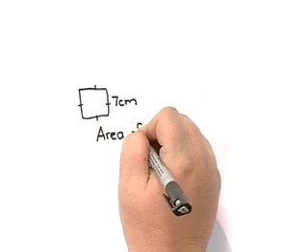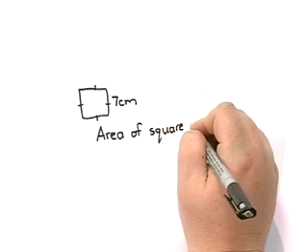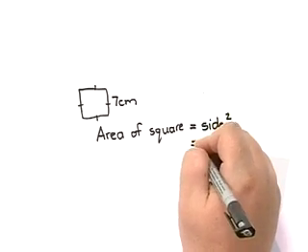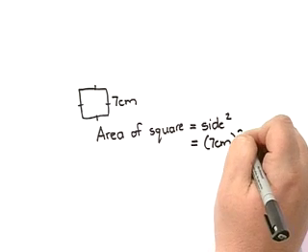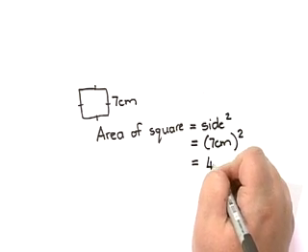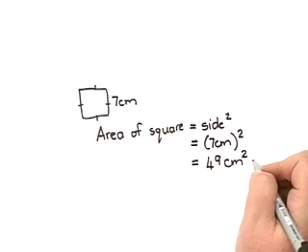Area of a square is equal to side squared. Now what's the side? The side is 7 centimeters, and we need to square that. And 7 times 7, 49 square centimeters. Couldn't be easier.